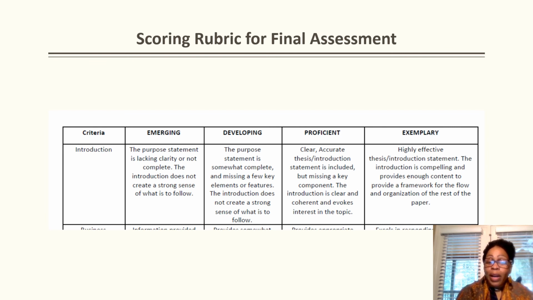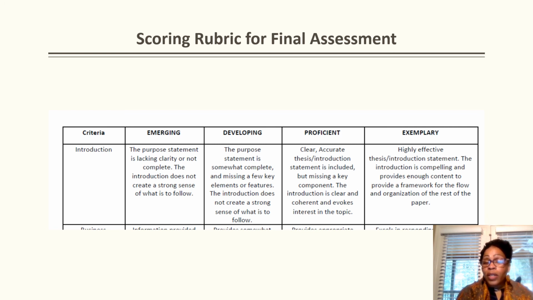Read what's required in order to demonstrate proficiency for the introduction. It says you must have a clear, accurate thesis, introduction statement. It cannot miss any important components, and the introduction is clear and coherent and evokes interest in the topic. If you can say yes to all of these elements, so can I. If you cannot, neither can I.